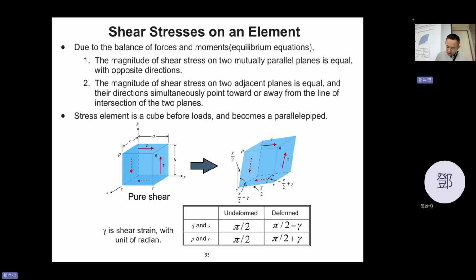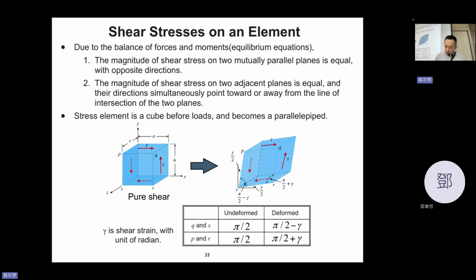Let's assume this cube, this element only has this tau. Can that happen? No, because if you only have this tau, it will fly away, right? But this element is still here. So this element needs another shear at the opposite side, downward, to cancel this. So if you have this one, you need to have another one, another pair to cancel the upward direction force.